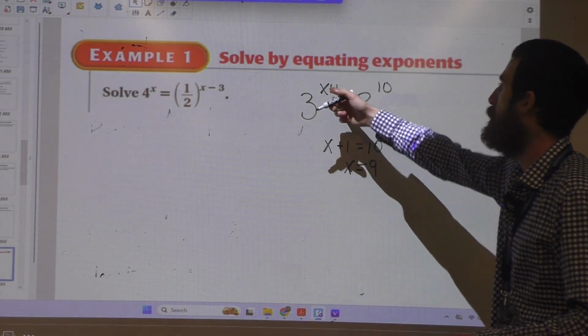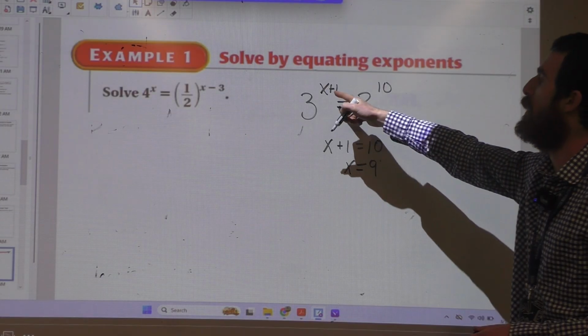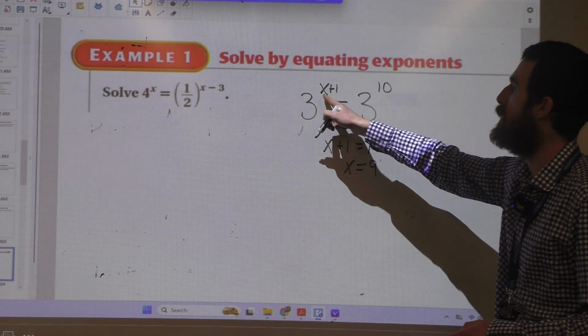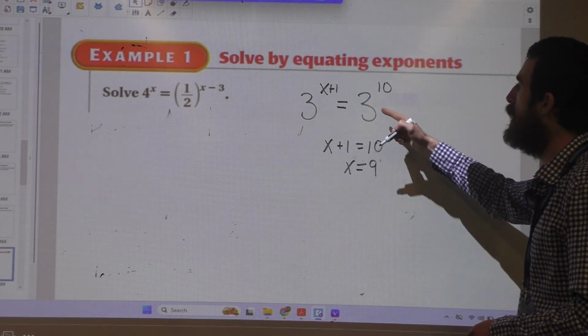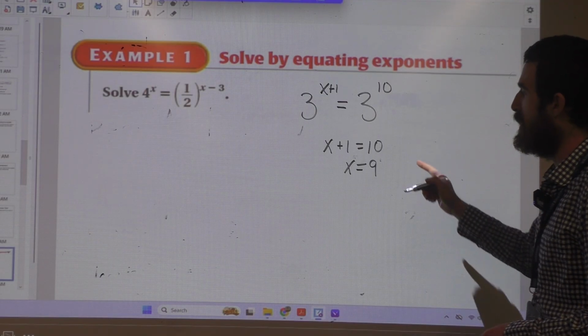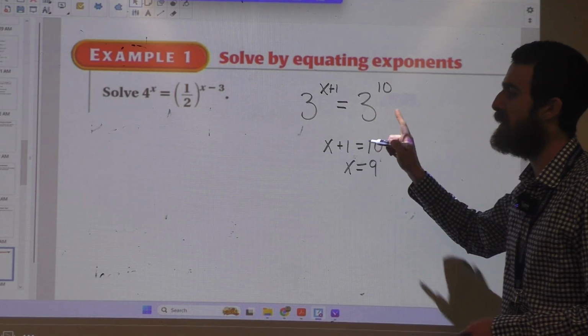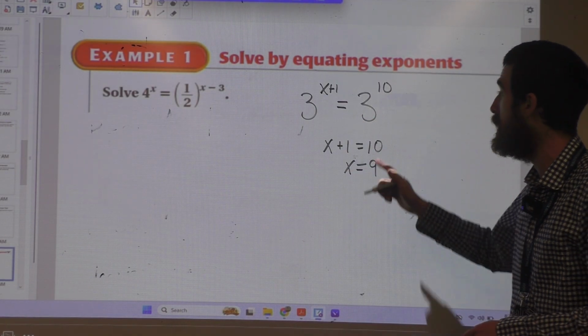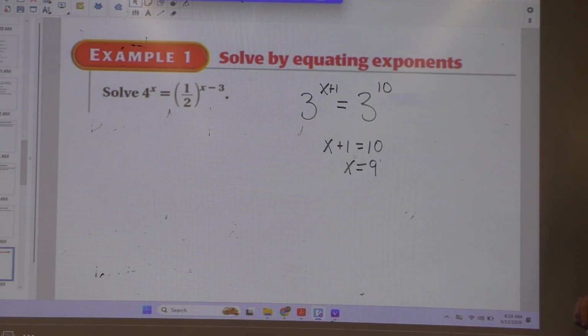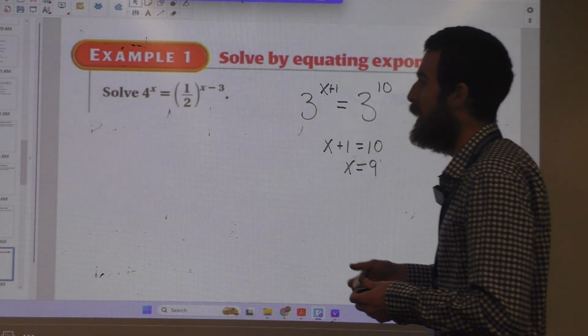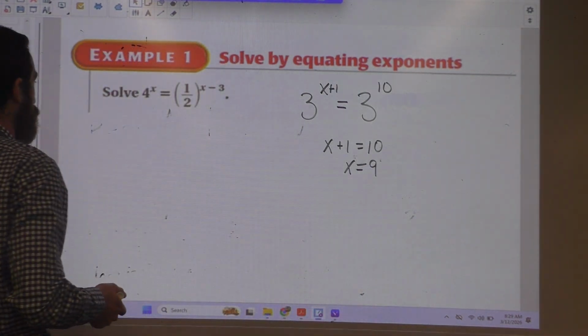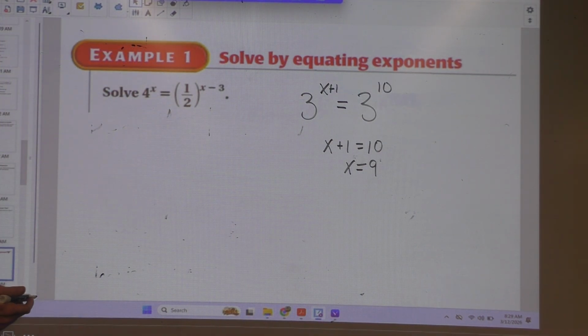We could just imagine what number I can plug in here that would make both sides the same. If I put a 9 for x, I'll get 3 to the 10th, which equals 3 to the 10th. So in a situation where you have the same base and one base on each side, you can equate the exponents. But that's not where we're starting right here.